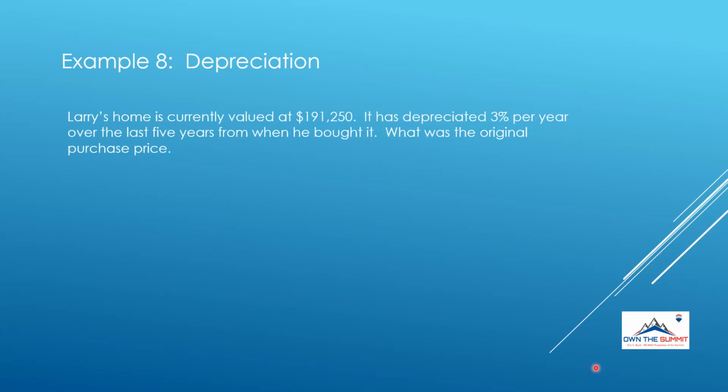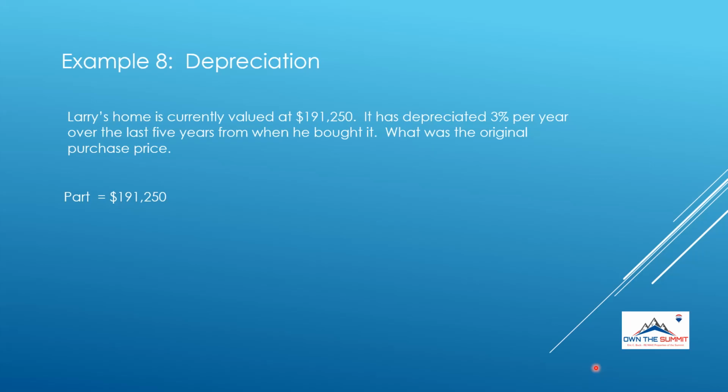Here's another depreciation example. Larry's home is currently valued at $191,250. It has depreciated 3% per year over the last 5 years from when he bought it. What was the original purchase price? Okay, so here we have the part is $191,250.